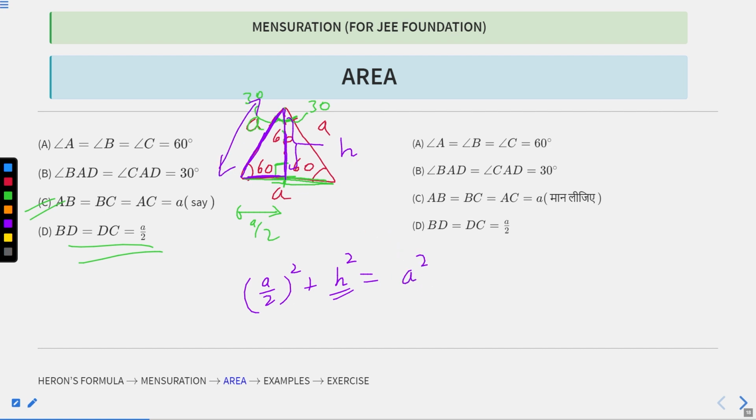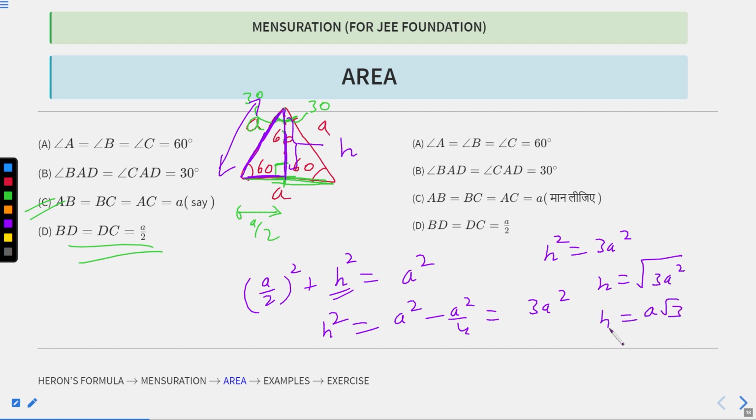So this square is this. Now calculating h, this is a square minus a square by 4, which is 3a square by 4. Now h square is equal to 3a square by 4. Now h is equal to root of 3a square by 4, taking the a term out. So my height is this.